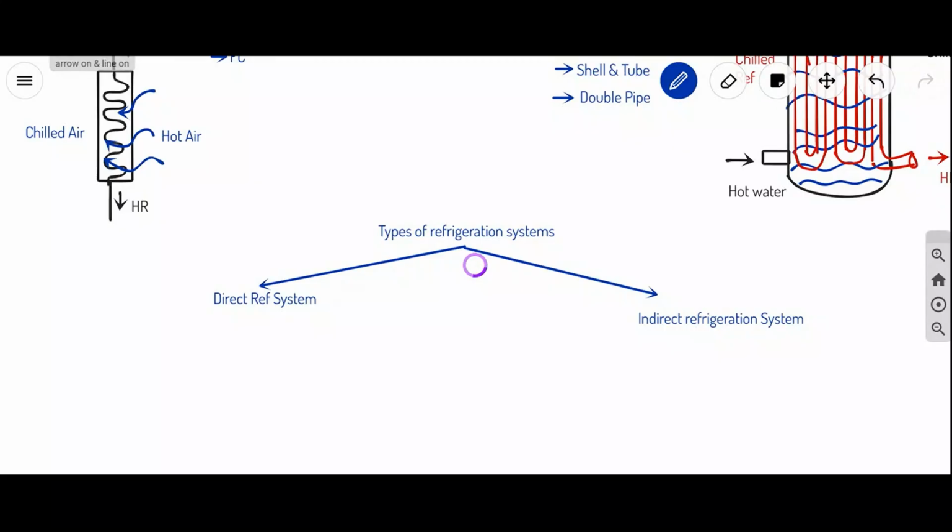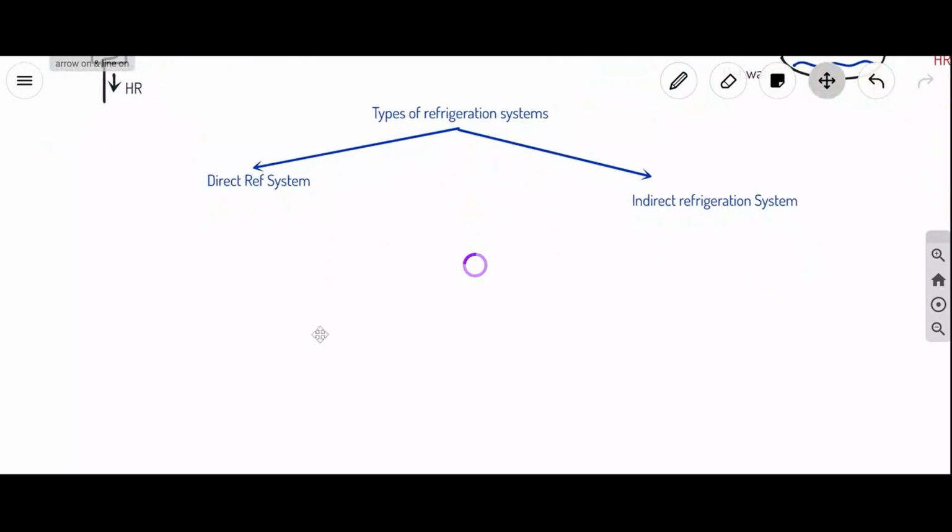If the evaporator is an air cooled evaporator, then it is called a direct refrigeration system.